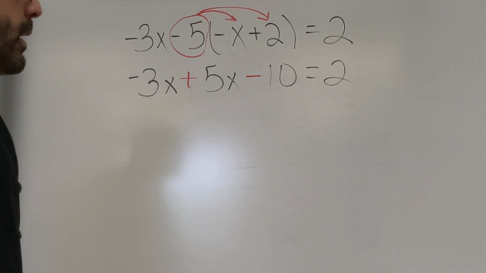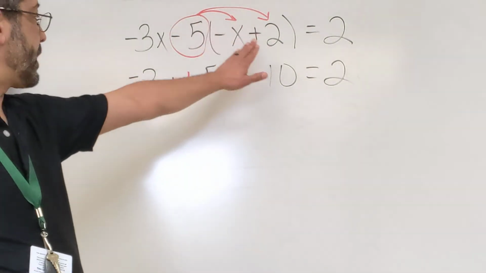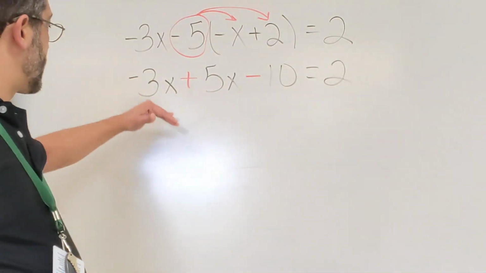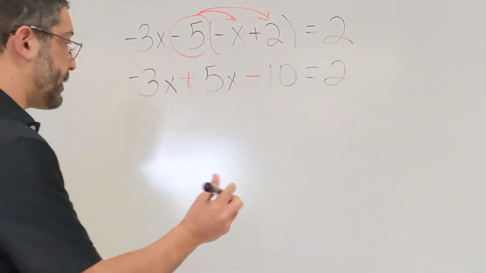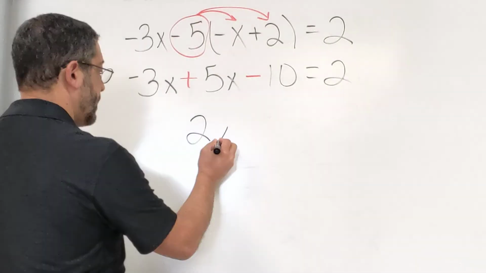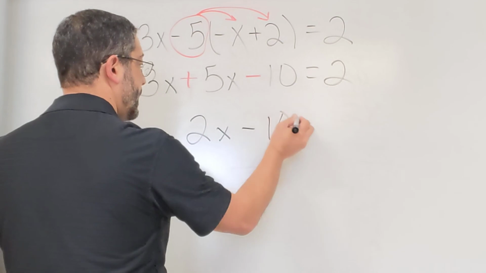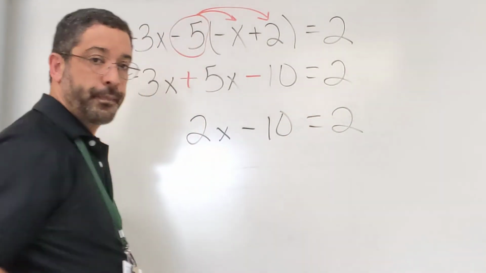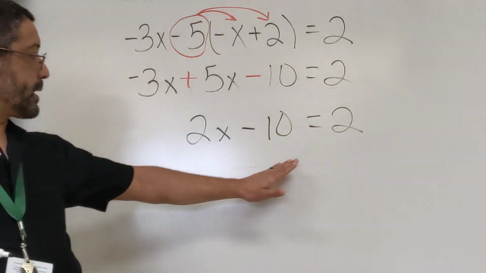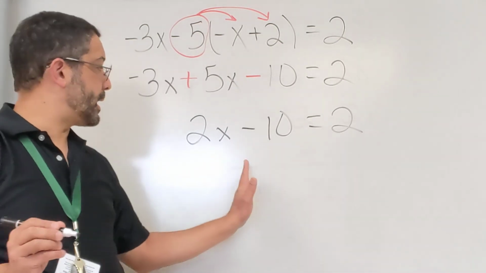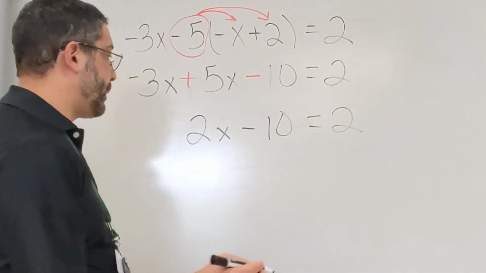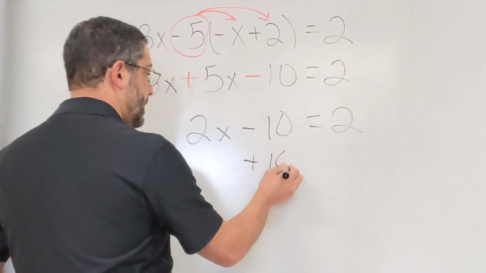Okay? So then I distributed. Now I combine my like terms. So negative 3 plus 5 is going to give me 2x minus 10 equals 2. Then my next step is going to be to add 10 to both sides, because I'm trying to isolate my variable, and the opposite of subtraction is addition.